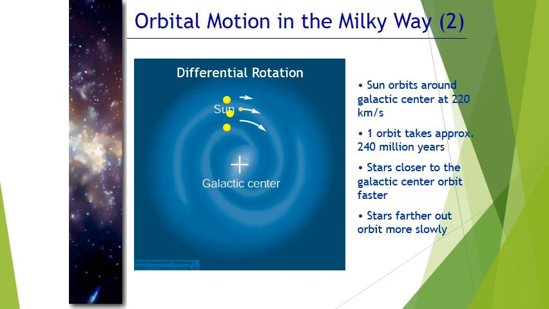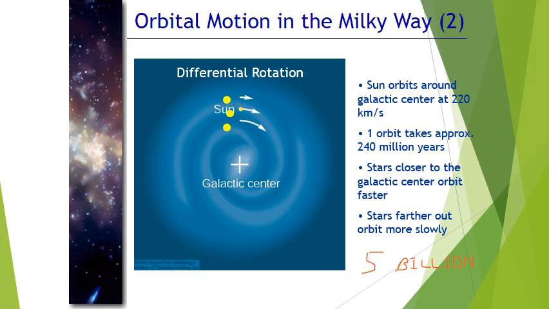So if you recall, our solar system is about 5 billion years old. So that means that we've been around the track about 20 times or so in the lifetime of the solar system.